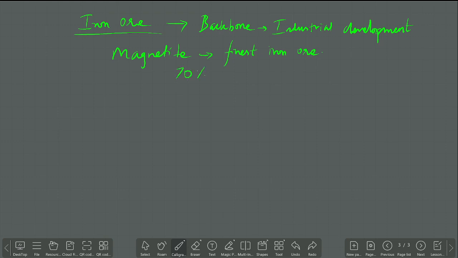That's very important. Fine quality magnetite has 70% iron. Since the name is magnetite, it has magnetic properties, excellent magnetic qualities, especially valuable in the electrical industry.